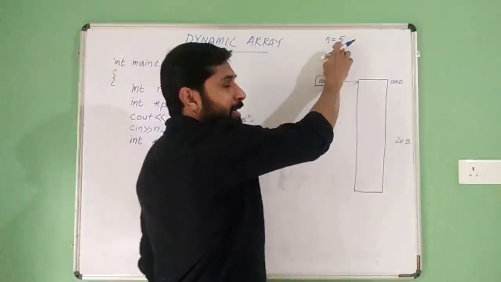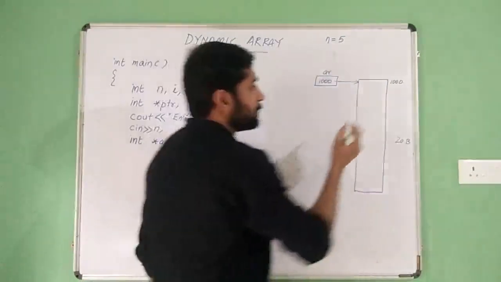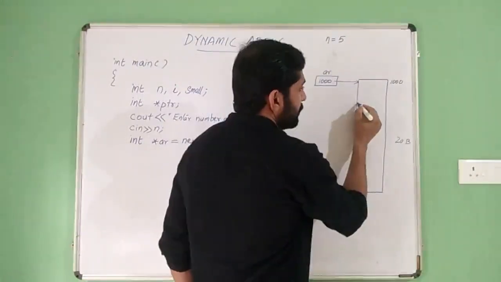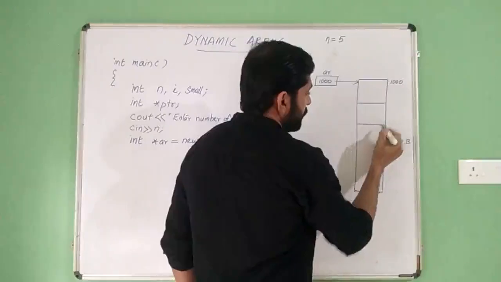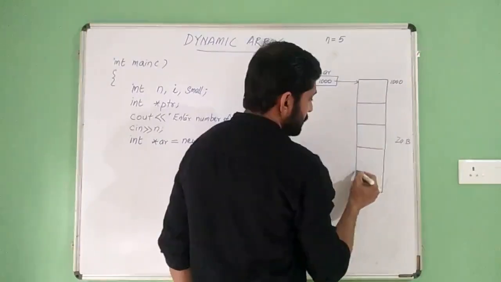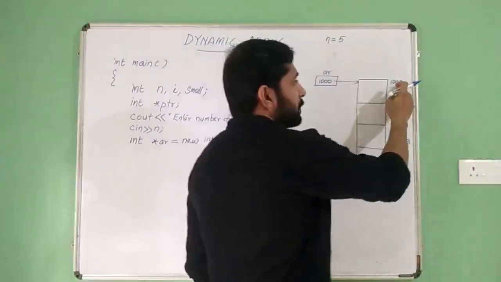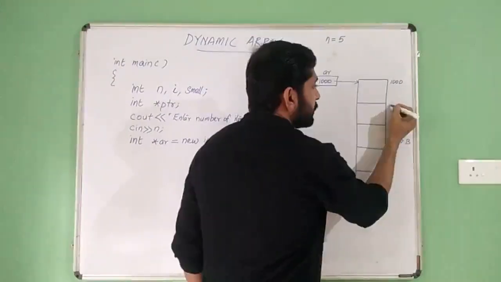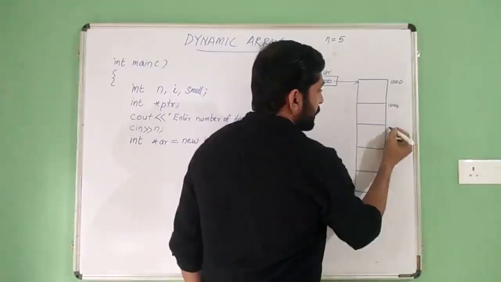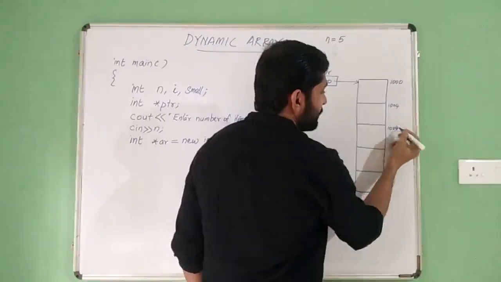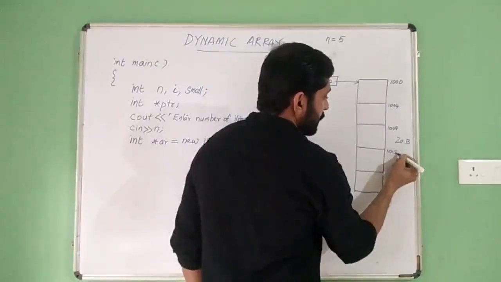For the time being we have taken n as 5. So there will be 5 different locations like this. This will be 1000. Here it will be 1004. Here it is 1008. Here it is 1012.